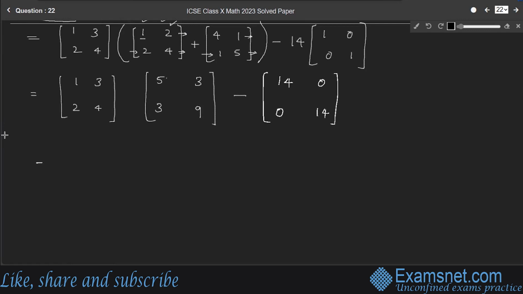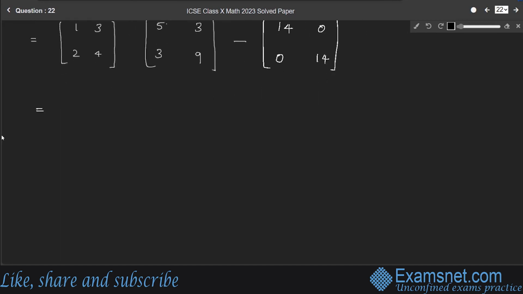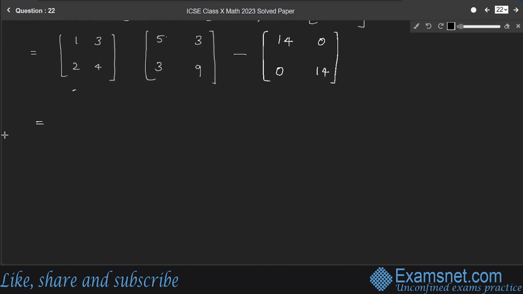Right? Now we have multiplication of two matrices. In case of multiplication, here it is a 2 by 2 matrix, and the second matrix is also a 2 by 2 matrix. So in case of multiplication of matrices, consider the first number, 2, and in the second matrix, the second number, 2.